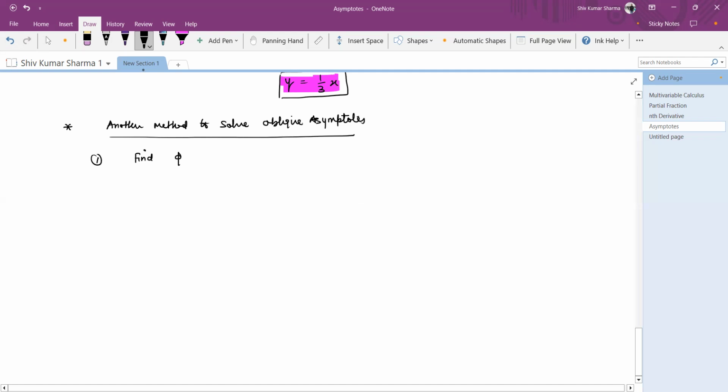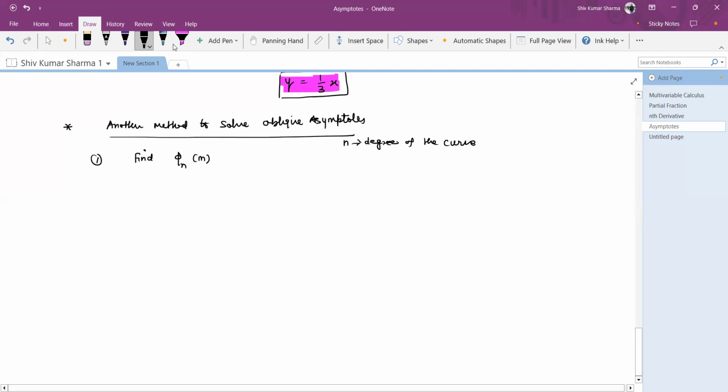We are taking the general form, that means an equation which has degree n, any curve which has degree n. So first we find phi n m. Here n represents the degree of the curve.